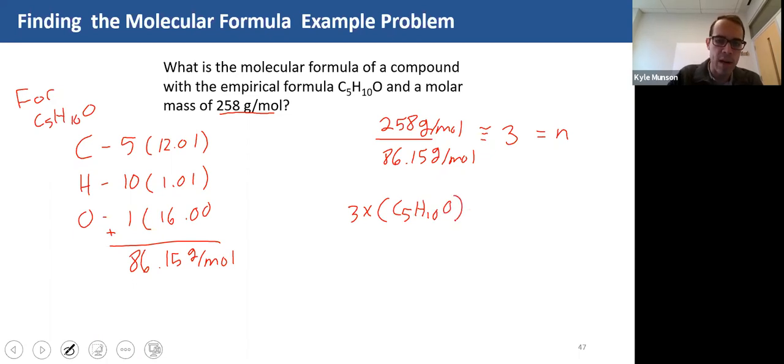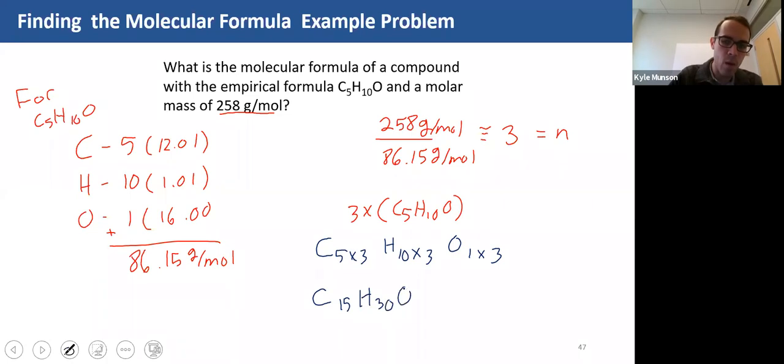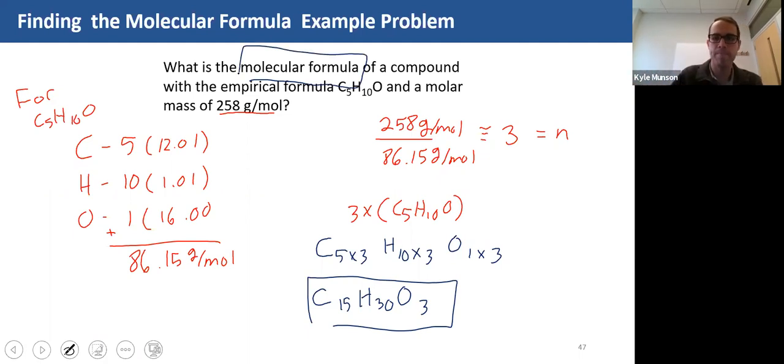In other words, you can write it out like this: this is going to be the molecular formula's structure. C 5 times 3, H 10 times 3, O, remember, there's a 1 there, times 3. So the molecular formula is going to be C15H30O3. Okay, that's the molecular formula.